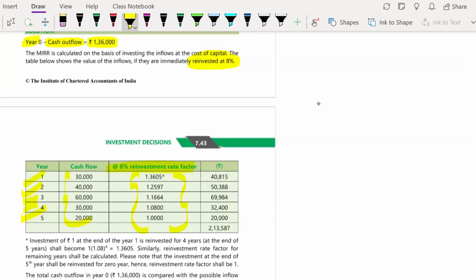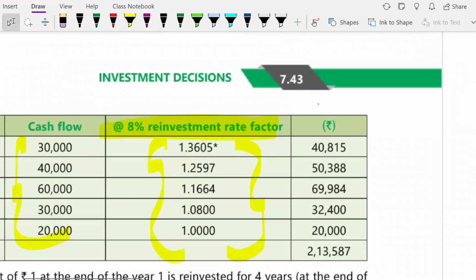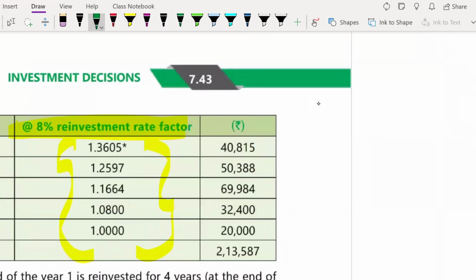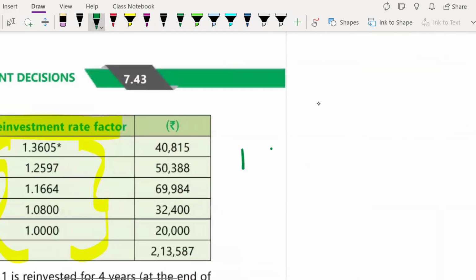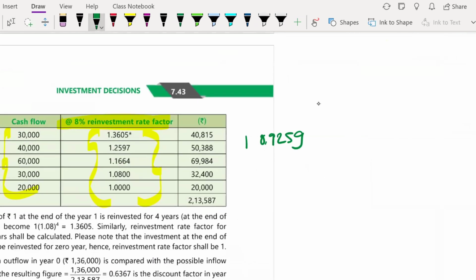One thing you have to remember is you will not do it the usual way, 1 divided by 1.08, which comes as 0.9259 for the first year. This is not what we have taken here.